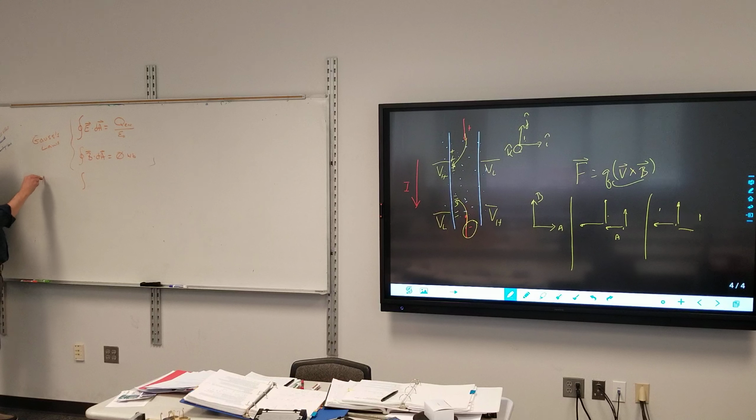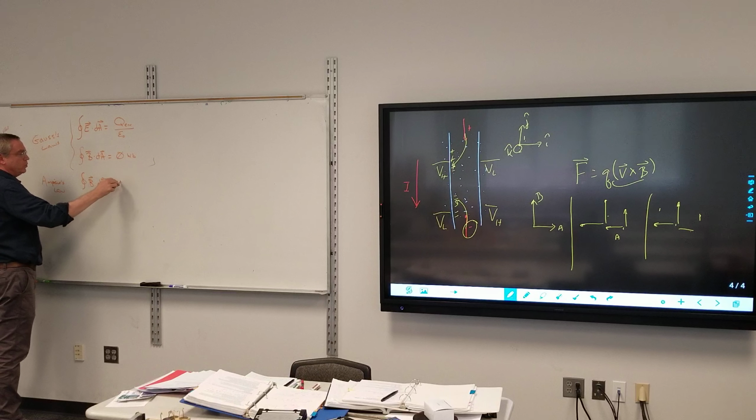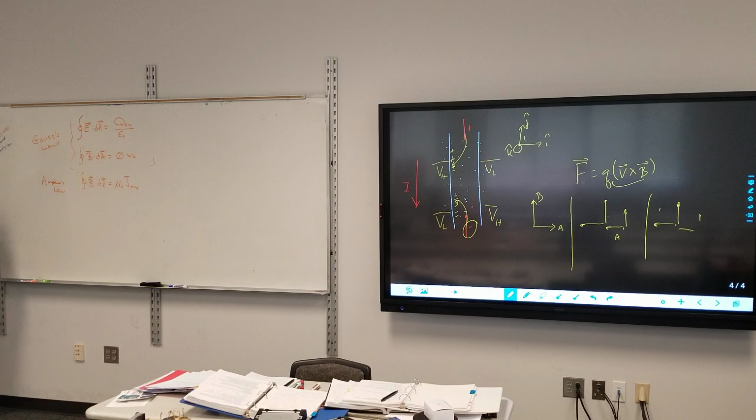And then we have Ampere's law, which if I did a line integral of B dot dl, that's equal to mu sub naught times the enclosed current.